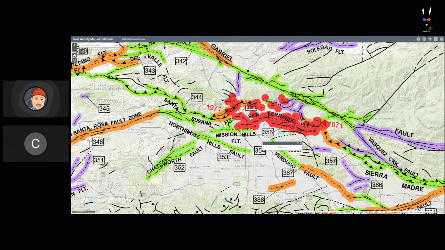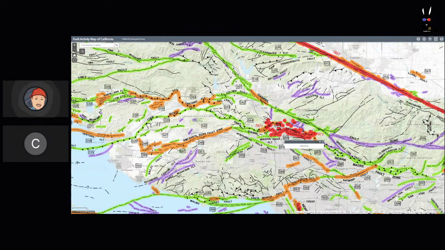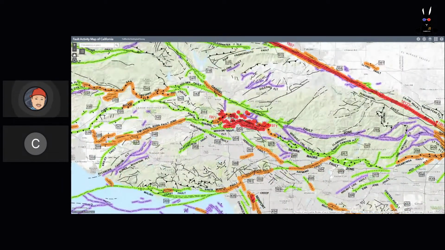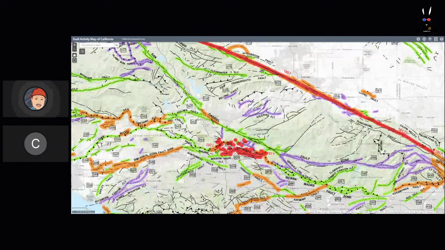Again, it's one of those fault zones that we talk about, the Sierra Madre fault zone, one of the major fault zones that traverse Southern Cal, just like the San Gabriel fault zone has many faults that splay off of it as well. And the article that we're reading right now out of the wiki talks about a northern and southern section, whereas I divide it into three.